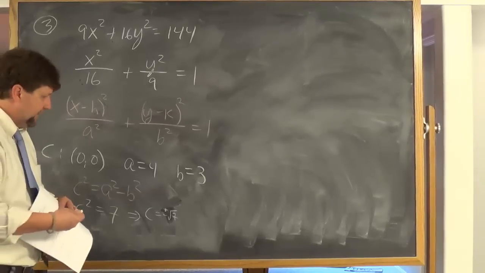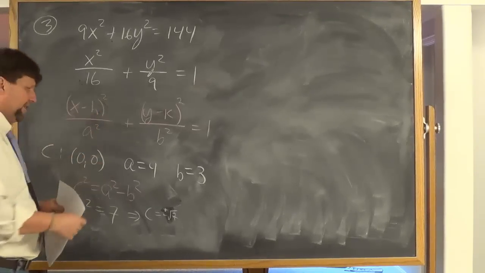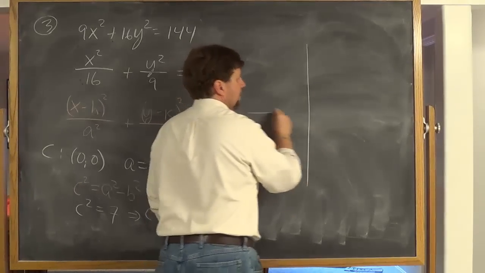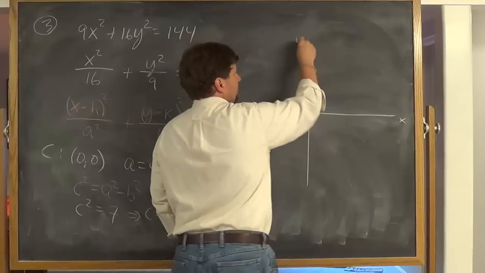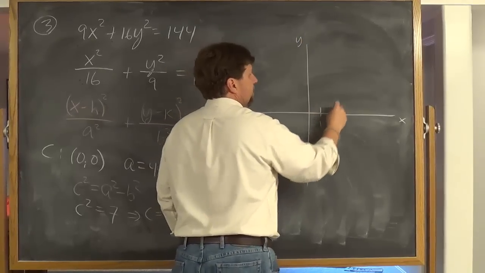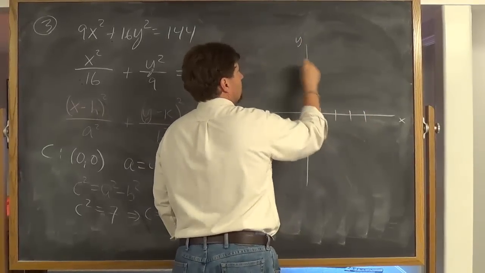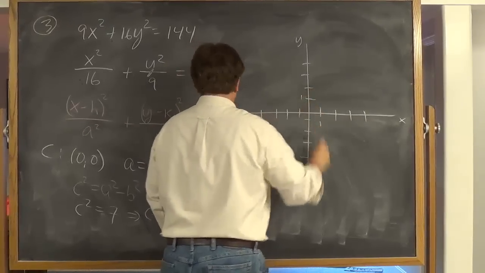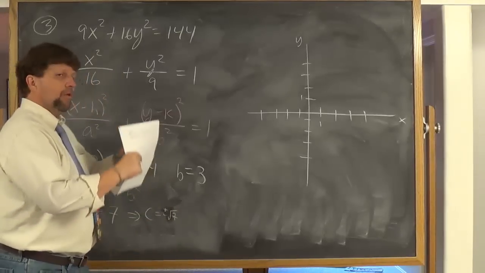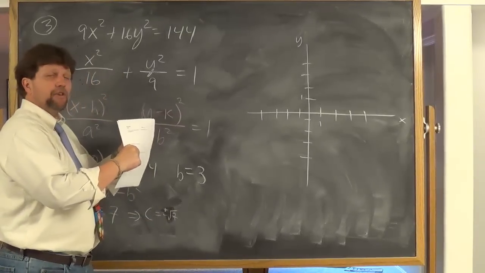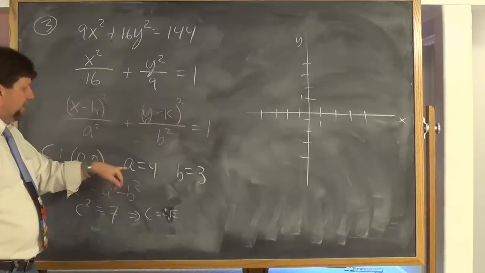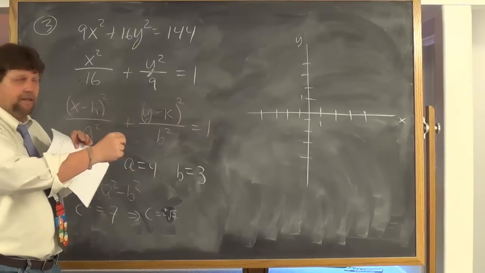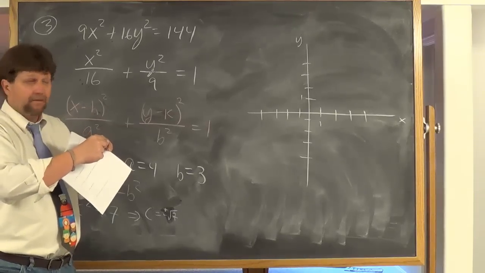Now think about what that tells us. Since we know the center is at 0, 0, we're going to start sketching some stuff. I know my major axis is horizontal, the a will give me the actual endpoints of the major axes, also known as the vertices of the ellipse.